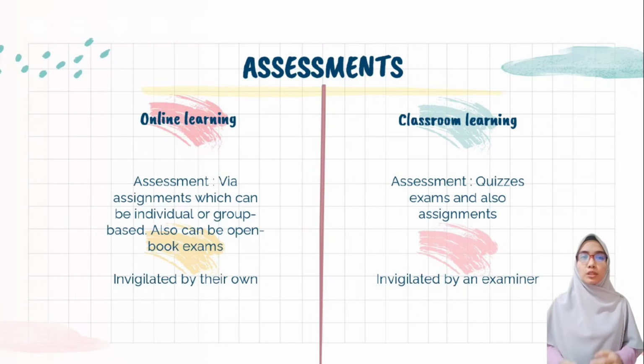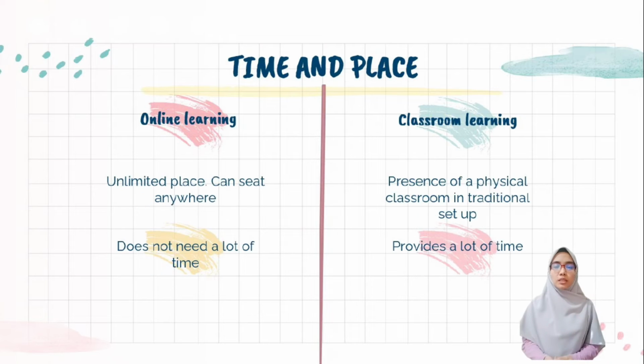While for classroom learning, the method of assessing a student's capability is usually through quizzes, exams, and also assignments. Both of them provide an opportunity for students to form study groups that support each other and learn from their different experiences.